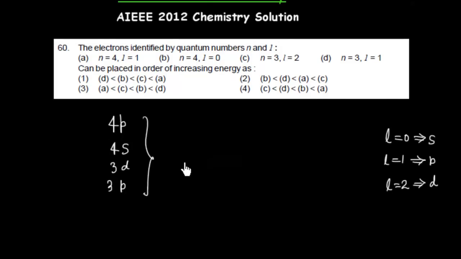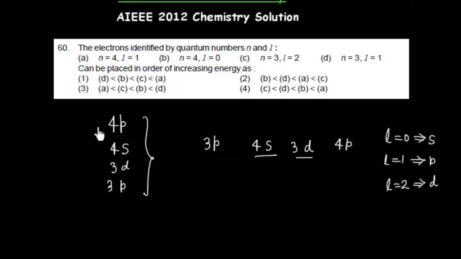Now we can place them in increasing order of energy. The lowest energy is 3p, and then we have 4s, then 3d, and then we have 4p. So 4s comes before 3d.